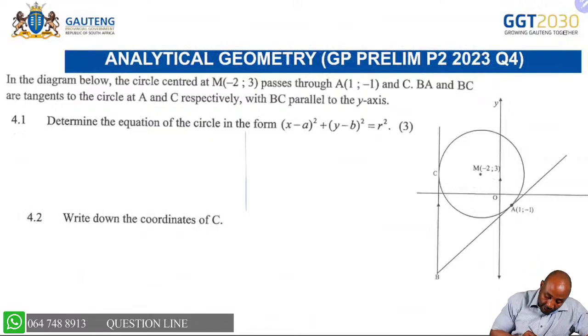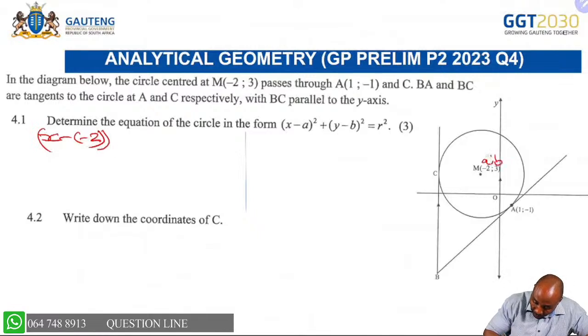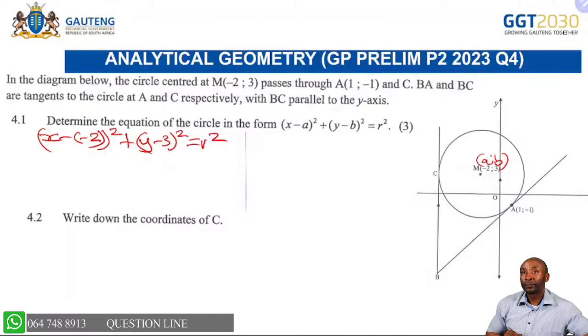So I can write this as x minus -2, because this is my a and that one is my b at the center, squared plus y minus 3 squared is equal to r squared.